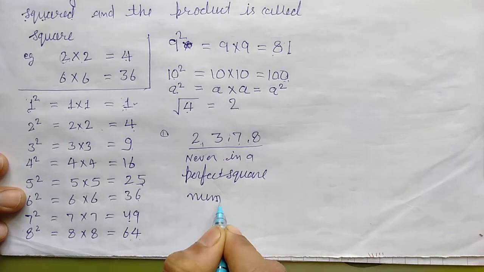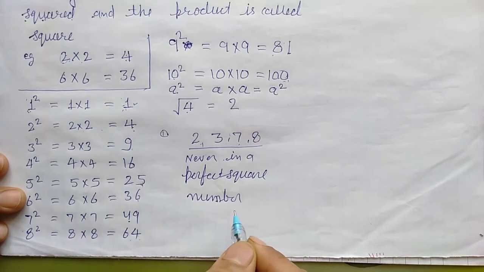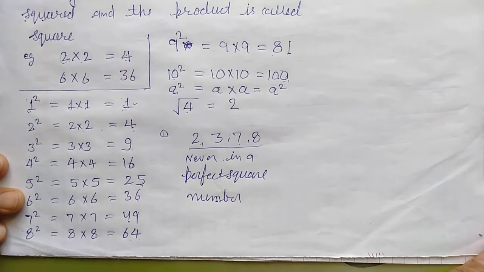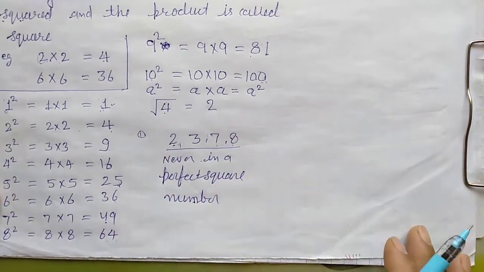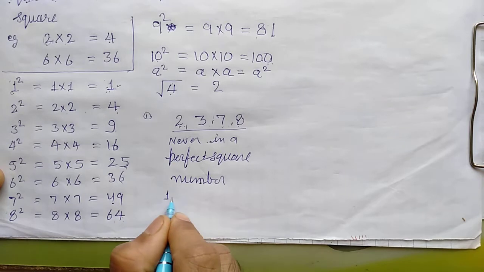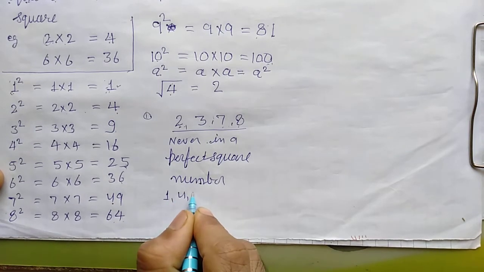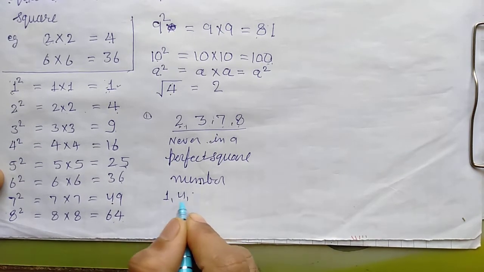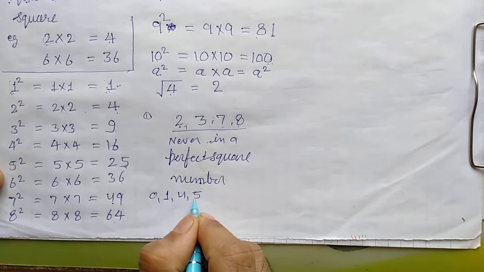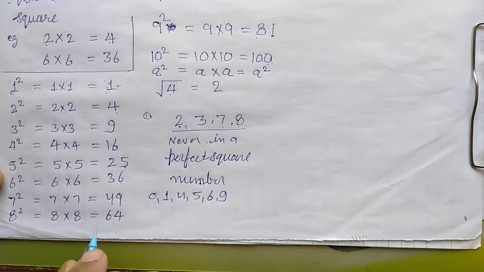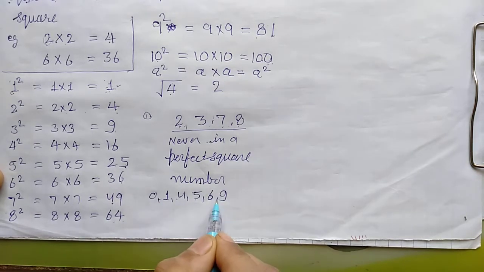These numbers never come in a perfect square number, right? Second, if we leave these numbers, the rest are 1, 4, 0, 5, 6 and 9. These are numbers which may come.